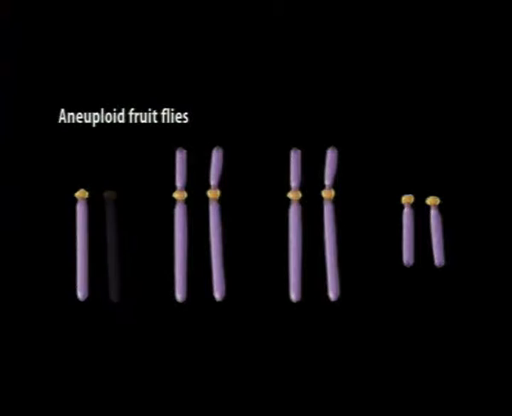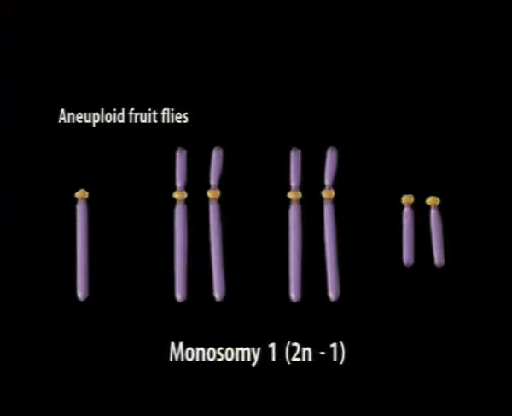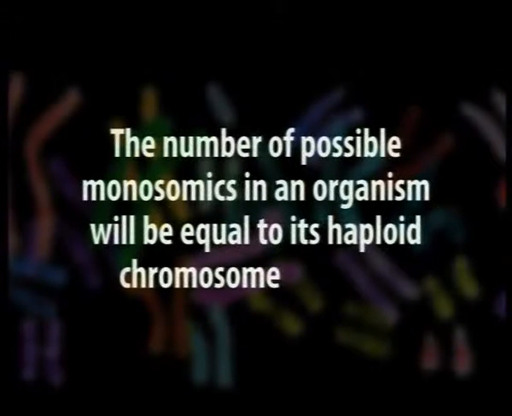Now, since there are many pairs of chromosomes in a diploid eukaryotic individual, this loss of chromosome can be from any pair. Therefore, the number of monosomics we can get from a species is equal to the number of chromosome pairs in that species, or in simple terms, the number of possible monosomics is equal to the haploid number, half of the somatic chromosome number.